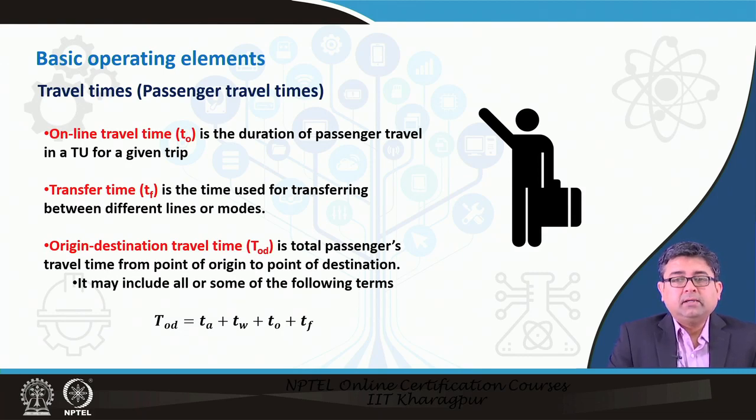So, you may be traveling from point A to point B, but from point A to point C first you go using, for example, a bus, and then from point C to point B, the larger leg, you go on a metro. So, now you are dependent on two different schedules or two different headways. There is a bus schedule and then there is a metro schedule.